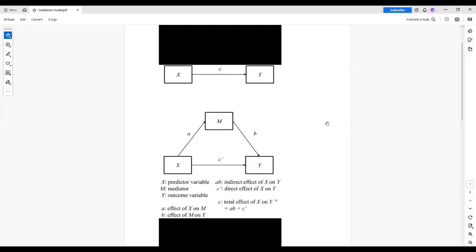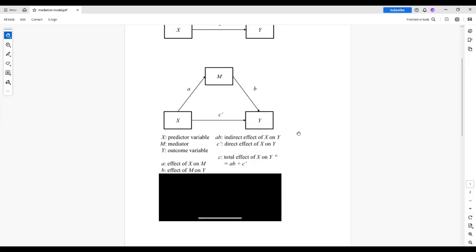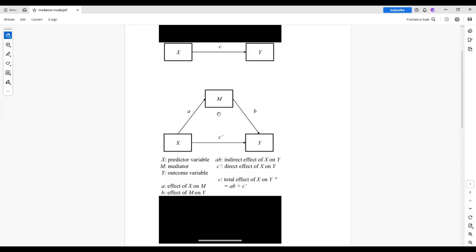So in general, you all are familiar with the general concept of a mediation model that looks like this. However, there are some nuances and some specific terms and labels that we use to describe a mediation model and different effects included in the mediation model. It's important that you know that before getting involved with your analysis.